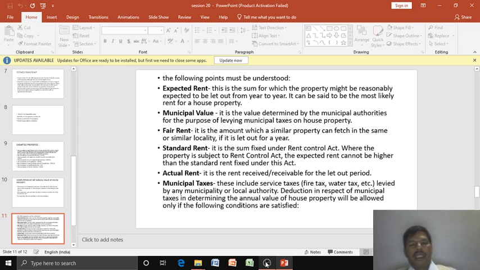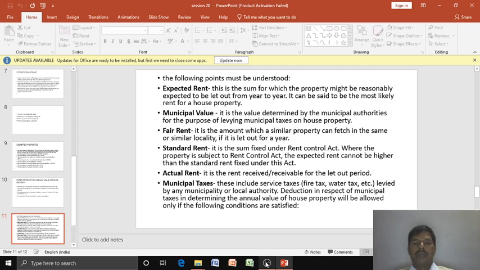Then standard rent is the rent fixed by the government as per the Rent Control Act. Actual rent is the actual amount of rent received or receivable for the let out period. Municipal taxes include any taxes levied by any municipality or local authority.